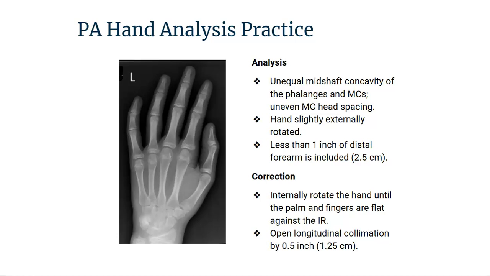For the PA hand projection, I see that there are some joint spaces in the phalanges that are closed. This is a positioning error. We also should look for any foreshortening or unevenness in the midshaft concavity of the phalanges and the metacarpals, and there is some.